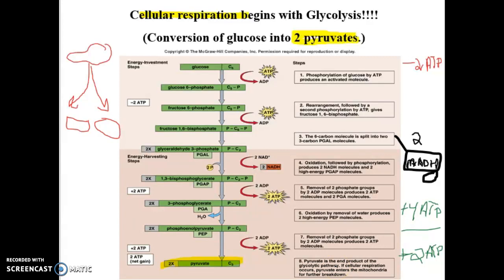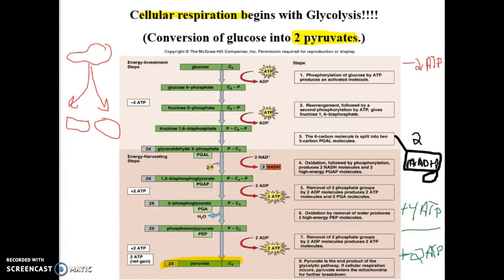So again, dumb gas station analogy, you scratched off your ticket. On the tickets you scratched off, you won $4 and you won 2 more tickets. Pretty sweet deal. I want to scratch those other tickets off. What do I get for those? That's what we're going to do with the NADH, is we're going to, in a sense, cash those in later. So this is glycolysis.